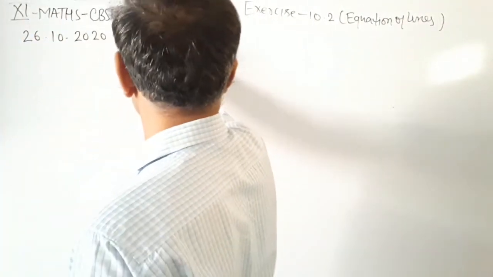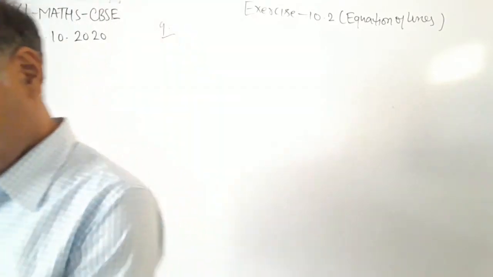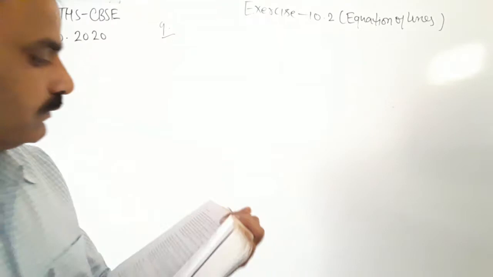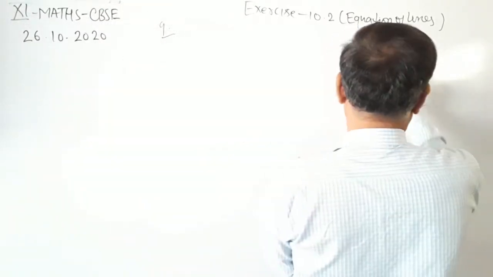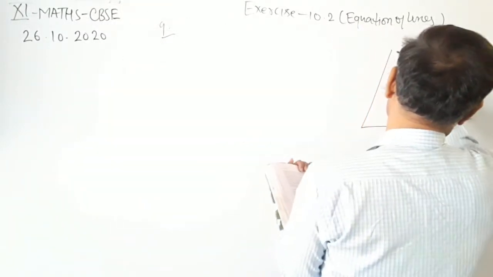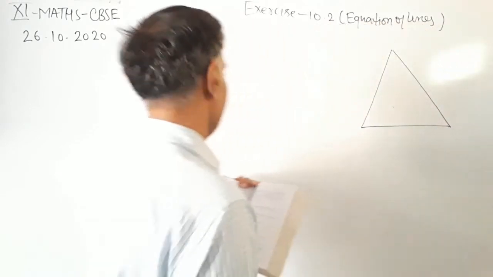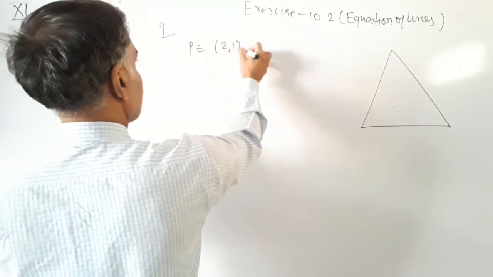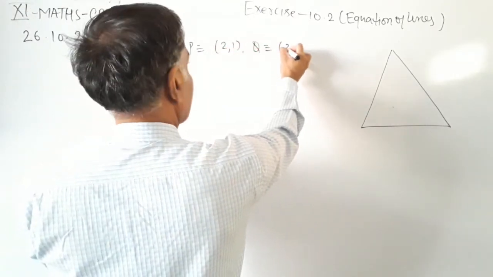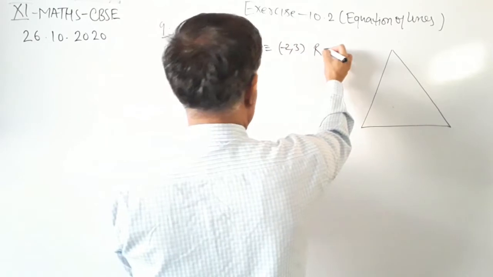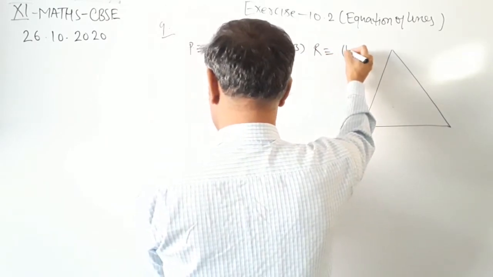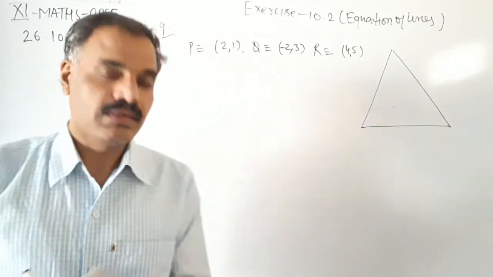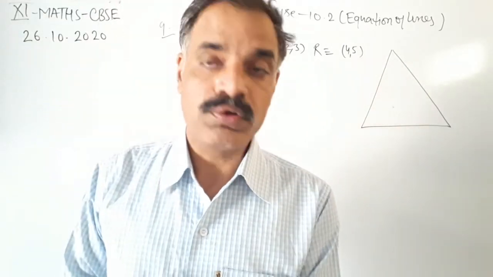Question number 9: the vertices of triangle PQR are given as P (2, 1), Q (-2, 3), and R (4, 5). This information is given to us.